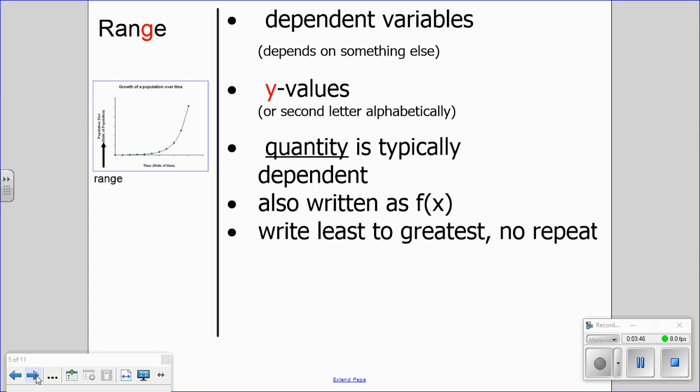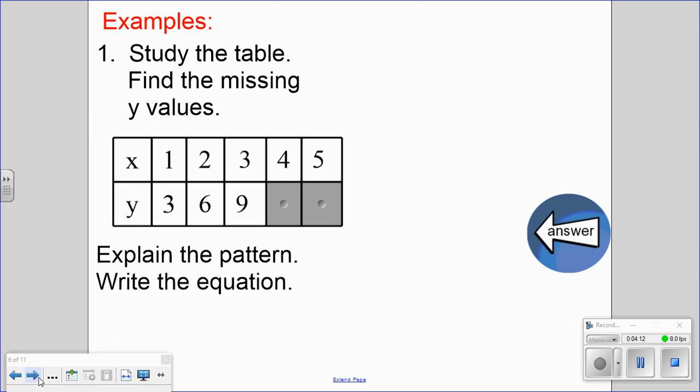The f of x, the whole thing, is y equals. So if you had f of x equals 4, then that would be y equals 4. So know the difference between those two things. Again, when you're writing range as well as domain, you're writing them in order from least to greatest, and you're not going to repeat any of those values.